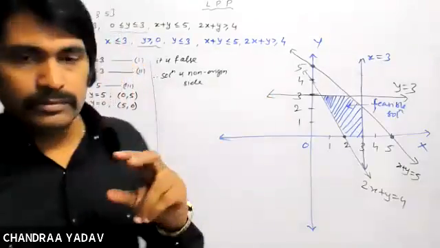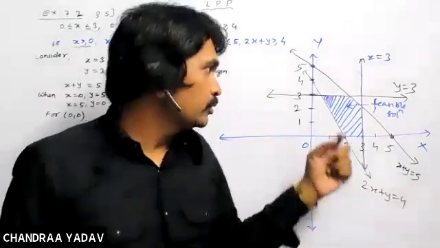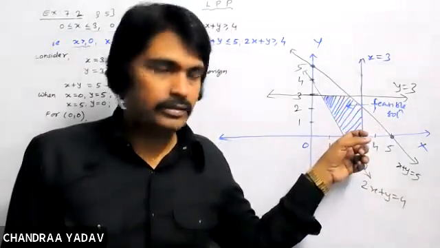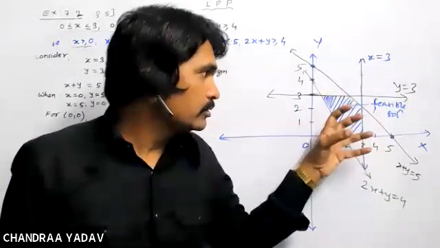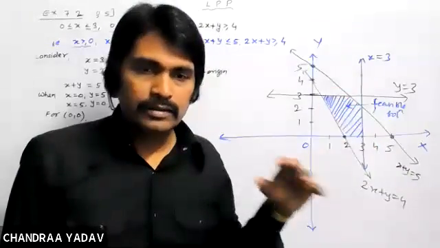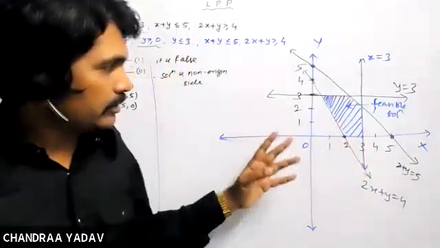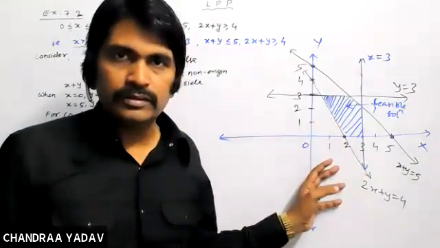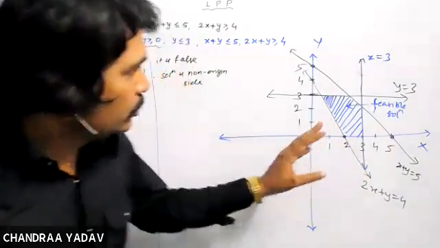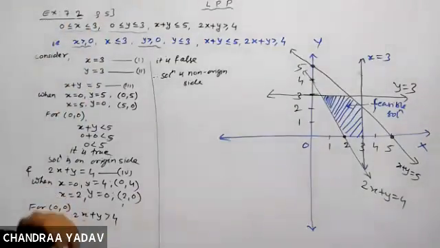So when we move on to 7.4, how to get the feasible solution is the very, very important thing. Once you are able to find the feasible solution perfectly, you can solve any question from this chapter.